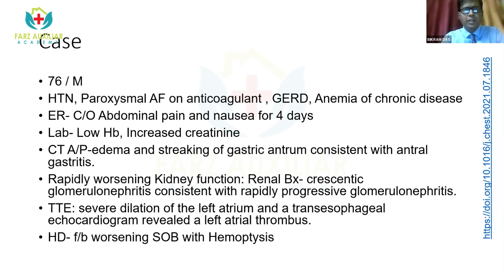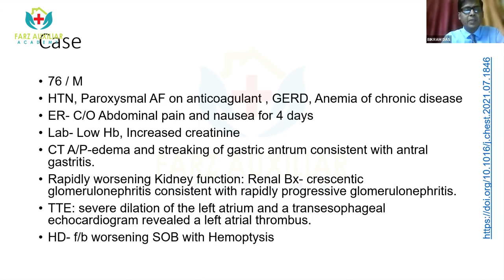A transthoracic echo was done, and it revealed a left atrial thrombus also. The patient required hemodialysis for this worsened kidney function, but soon after hemodialysis, the patient started having shortness of breath with hemoptysis. So what do you think? What is this syndrome, what is happening in this case?